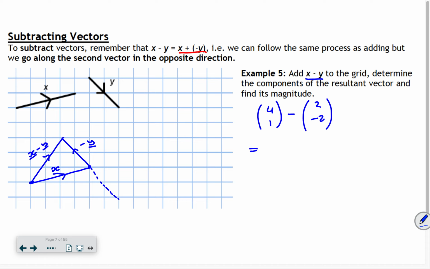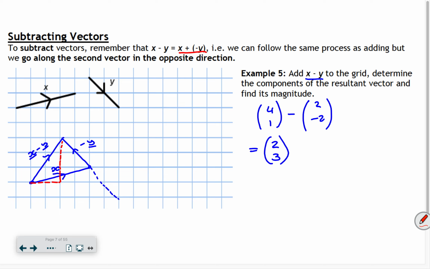So 4 take away 2 is 2. 1 take away minus 2 is going to give me 3. So it'll be the vector 2, 3. And that's what we have with this component here. We're going 2 along the way, and then we're going 3 up the way. So that'll be the vector 2, 3.